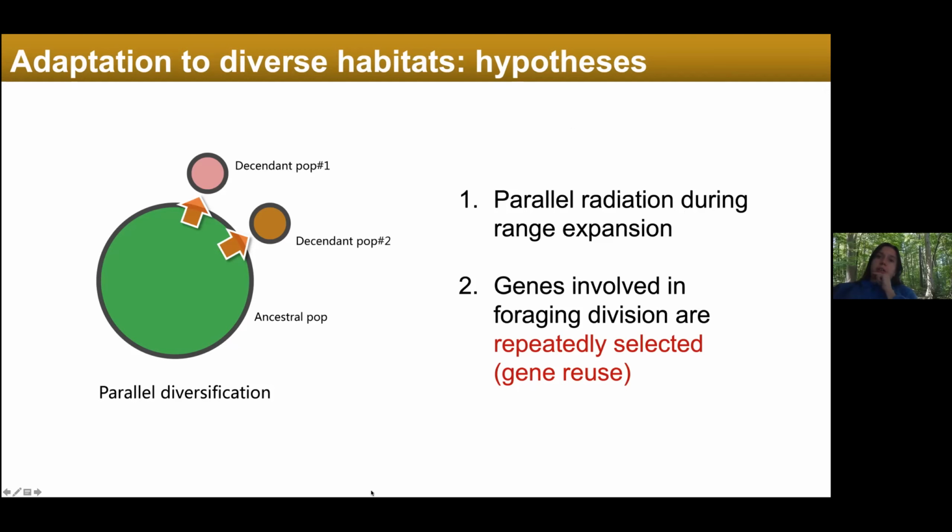Yes. Okay, so the gene that is involved in sucrose sensitivity, which drives in turn nectar foraging preference versus pollen foraging preference, has big implications for reproductive physiology.